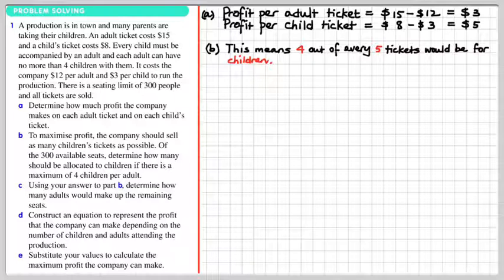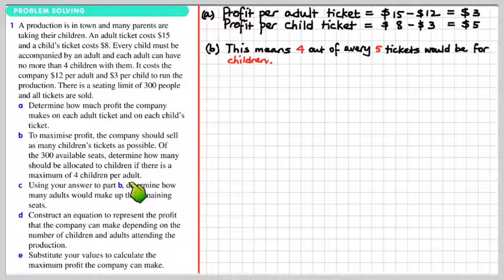Yes, that's right, because if you want to maximise the profit, the children's tickets are more profitable. There's $5 profit in every children's ticket. So you want to maximise the number of children. But children can only come with an adult, and adults can only have a maximum of 4 children. So what you'd be trying to do, guys, is make sure that you've got adults with 4 children.